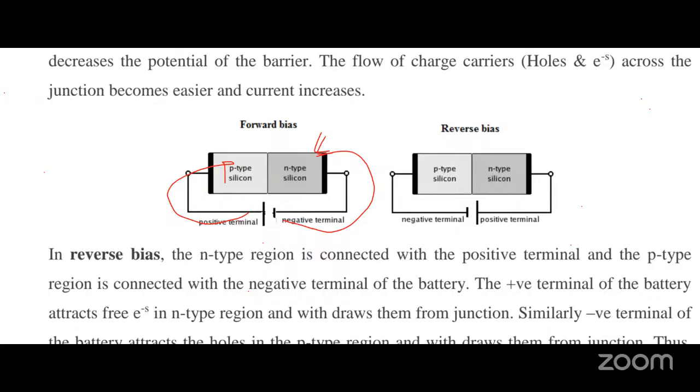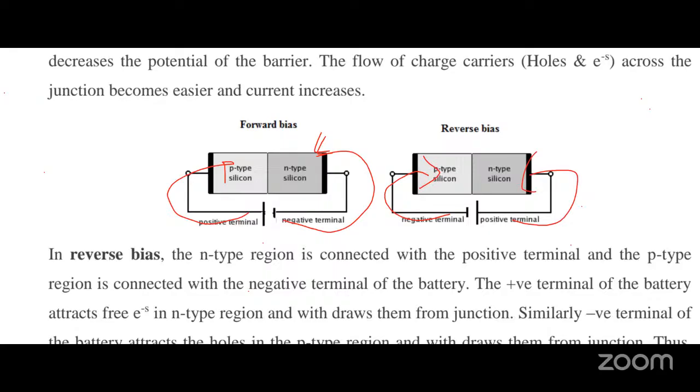In reverse bias, the N terminal is connected with the P type, and the P terminal is connected with the N type. So that is the reverse.